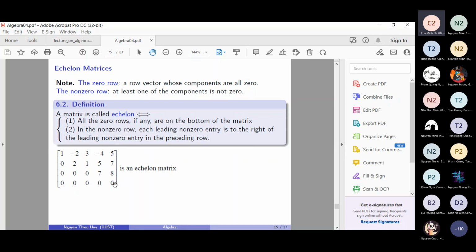Here there is only one zero row, so it should be at the bottom. Then on the non-zero rows, the leading non-zero entry. Leading means the first non-zero entry. Previously all entries should be zero, and this is the first non-zero entry. Therefore, we call this the leading non-zero entry.